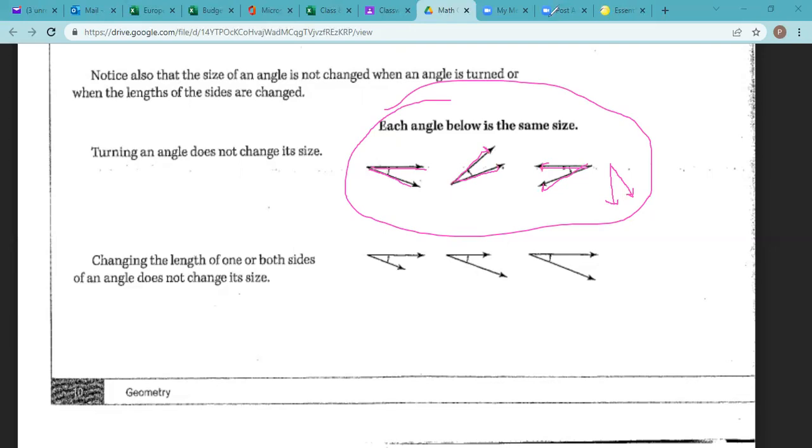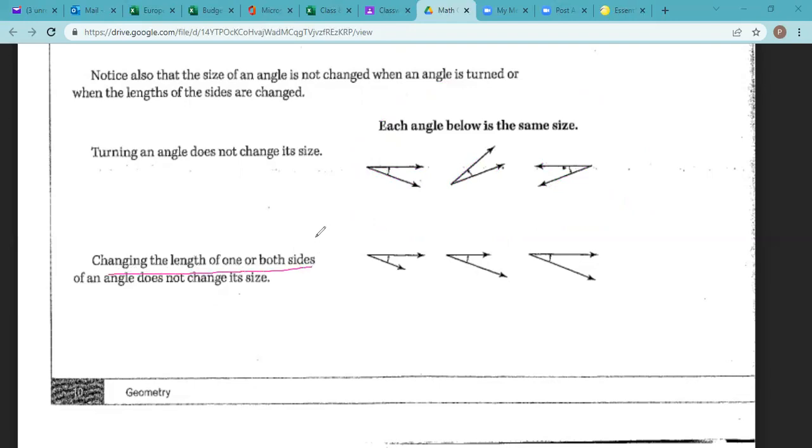Now the bottom part down here is basically just saying when you change the length of one or both of the sides, remember they called them sides or legs of an angle, that it does not change the size also. So if we're going off of, let's say 10, 15 degrees again, see how small it is on the inside.